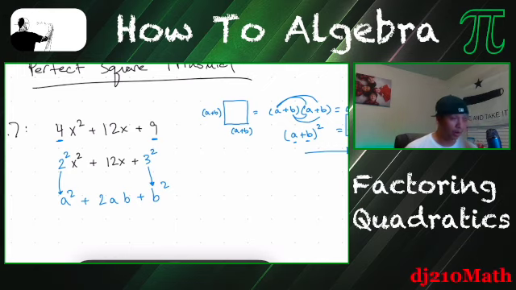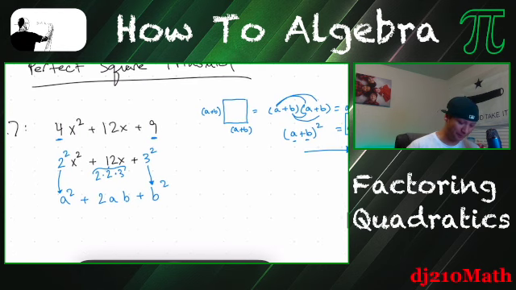Now, will it always work out? That's the thing. No, it won't. It's because of this middle part, the 2 times a times b. So what is 2 times 2 times 3? Well, that is in fact 12. Because it's 12, this is a perfect square trinomial.